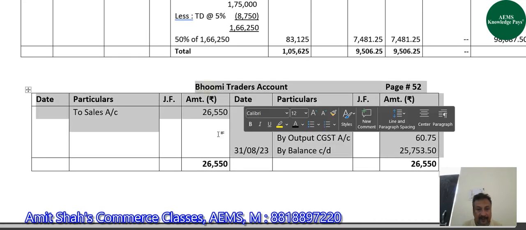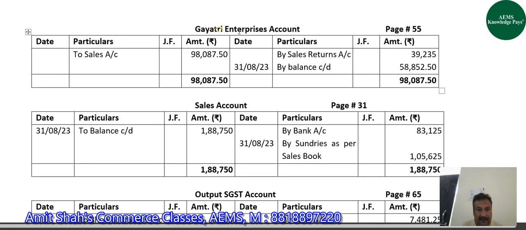Then after Bhumi Traders account, we have a debit balance on Gayatri Enterprises account of rupees 58,852.5.